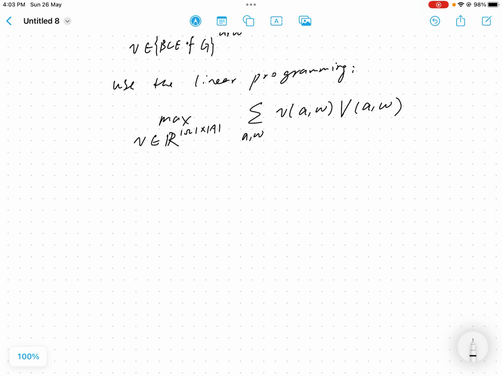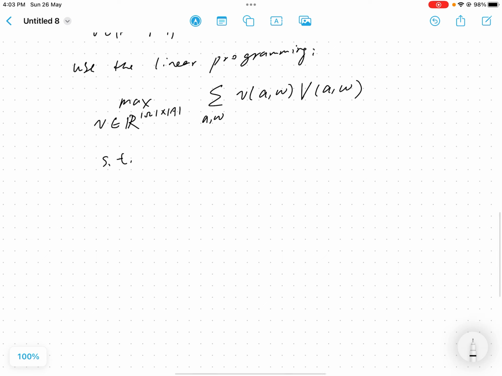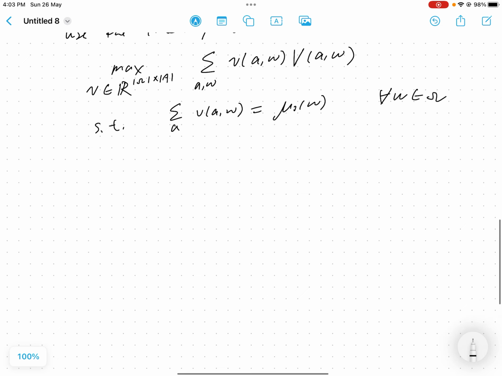So those constraints are just the requirements that we need to satisfy for the BCE, right? So subject to, first is the consistency, and then the second is the obedience. So the consistency is that the summation over A of all the outcomes, the marginal probability over the state, equals the prior, for all omega within the big Omega.